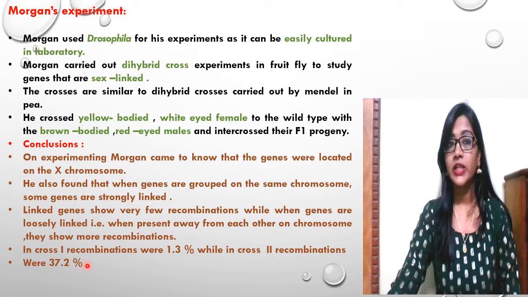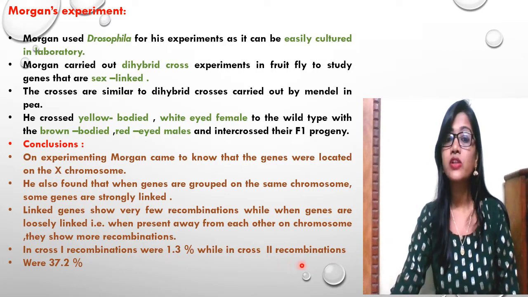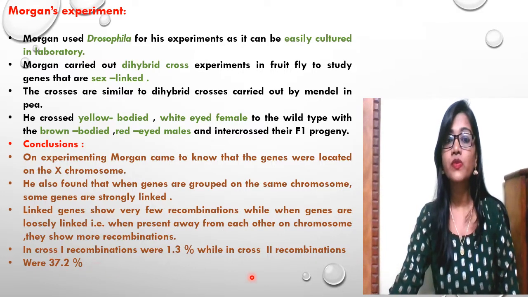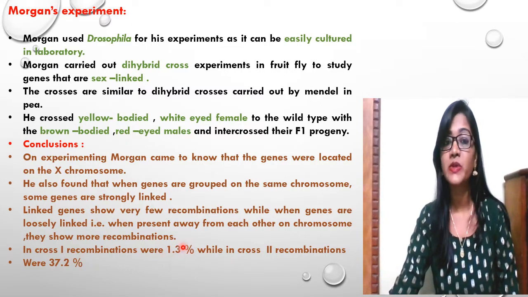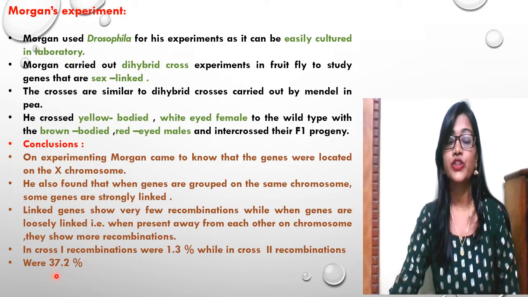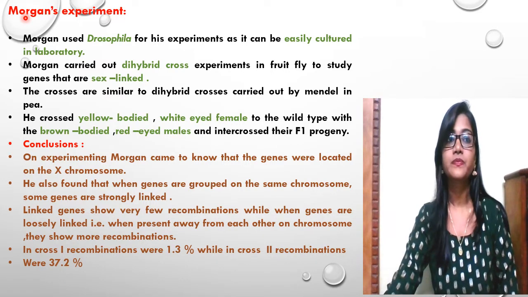In cross 1, recombinations were 1.3%, while in cross 2, recombinations were 37.2%. You will come to understand why cross 1 has a lower percentage while cross 2 has a higher percentage of recombination in the next slide.